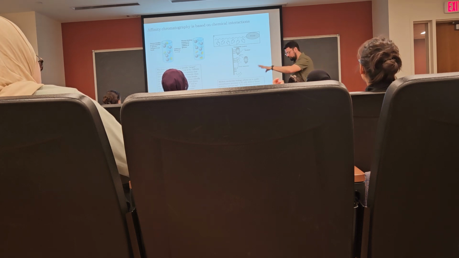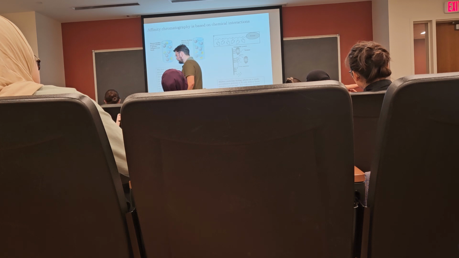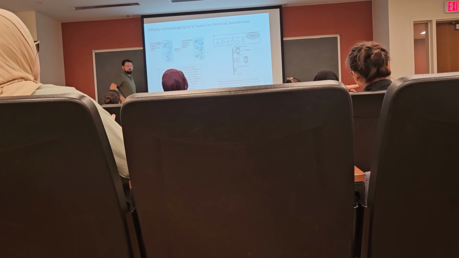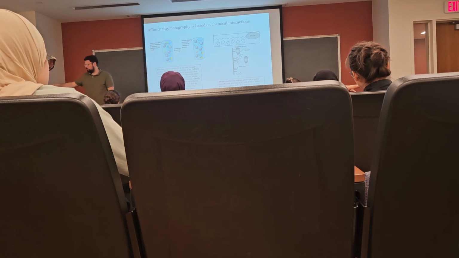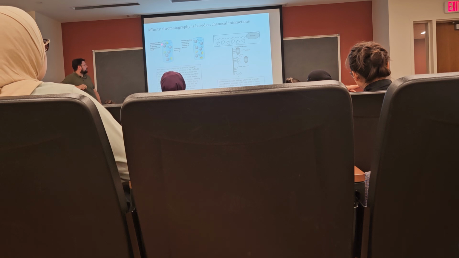Well, now when we add our fraction 6, what's going to happen? Our protein is going to bind to the glucose, which is covalently linked to the resin, and it will stick, right? Everything else will flow through. So now we have all of our protein of interest stuck to the column.